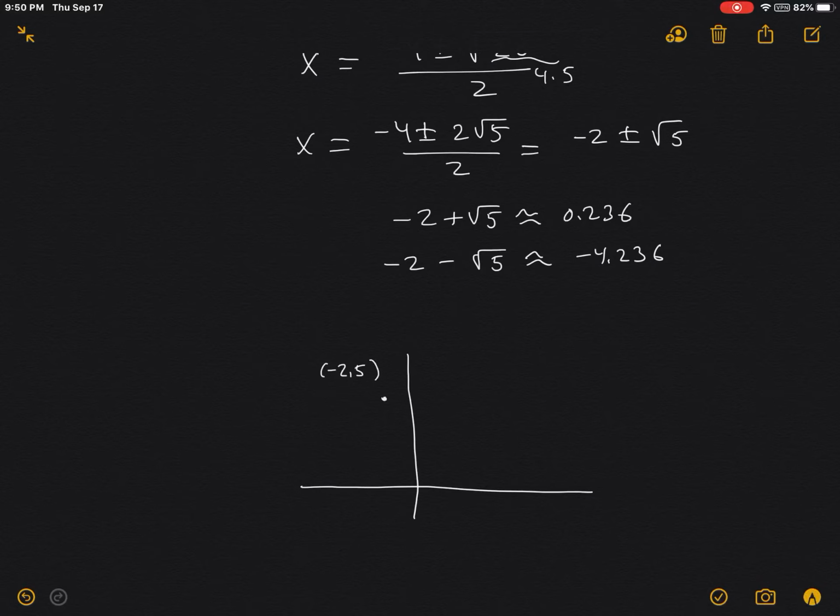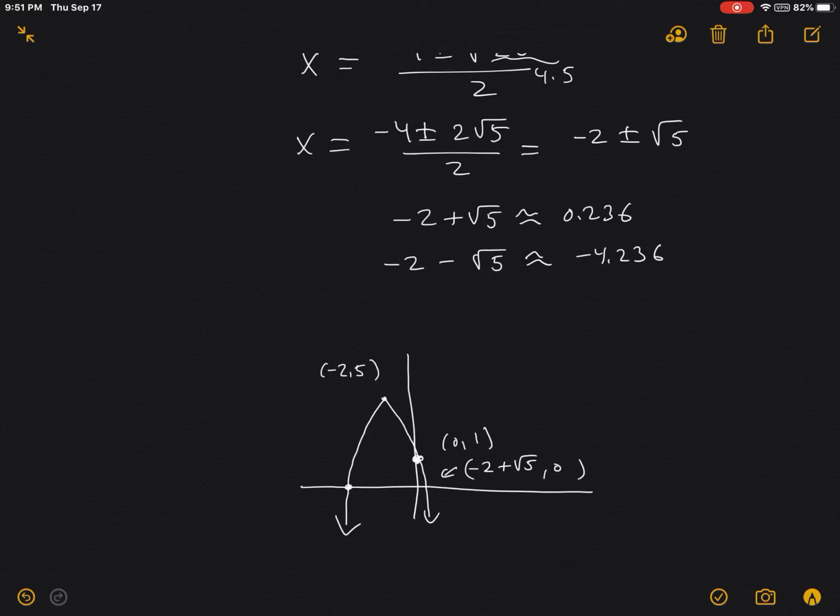The parabola is going to go down, hit the y-intercept, maybe right here, 0 comma 1. And then over here is where it's going to hit the x-axis at negative 4.236. And over here, it's going to hit the x-axis again. You could write the exact value. I'm going to say this is negative 2 plus root 5.